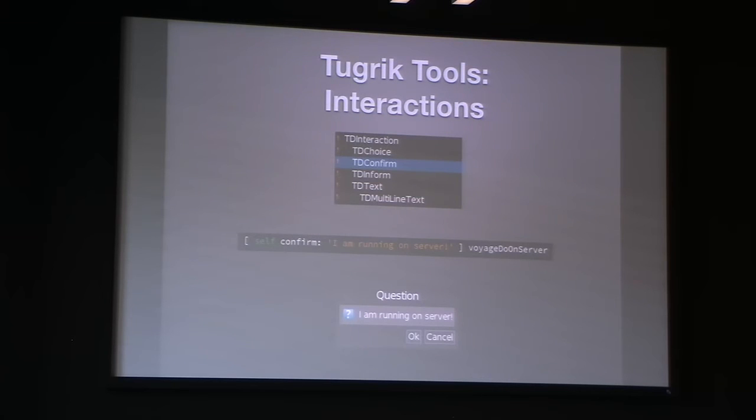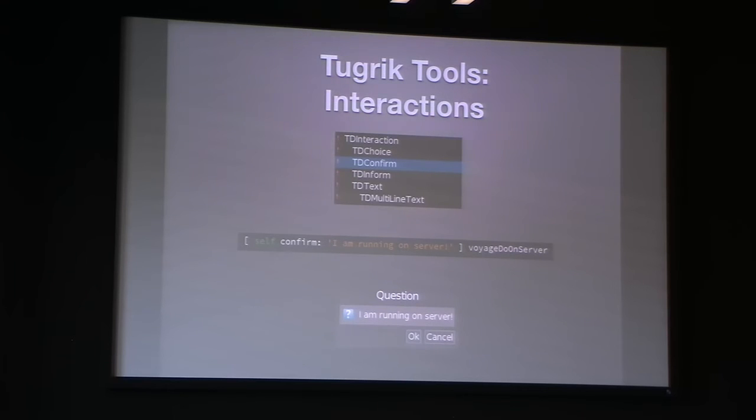The other thing that I added was some of the Tugrik interactions from Toad. In Toad, the whole development environment is a GemStone development environment, and the client is in Pharo. But Pharo has no business logic. It doesn't run anything. It's an ultra-thin client that just does display, so all business logic is performed on the server.